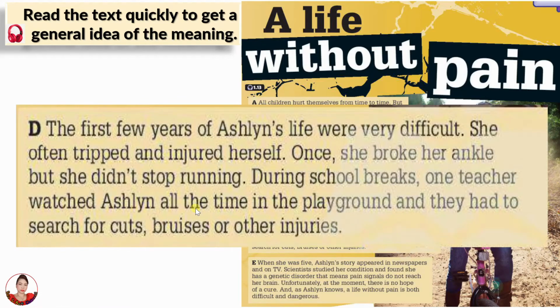The first few years of Ashlyn's life were very difficult. She often tripped and injured herself. Once, she broke her ankle, but she didn't stop running. During school breaks, one teacher watched Ashlyn all the time in the playground, and they had to search for cuts, bruises, or other injuries.